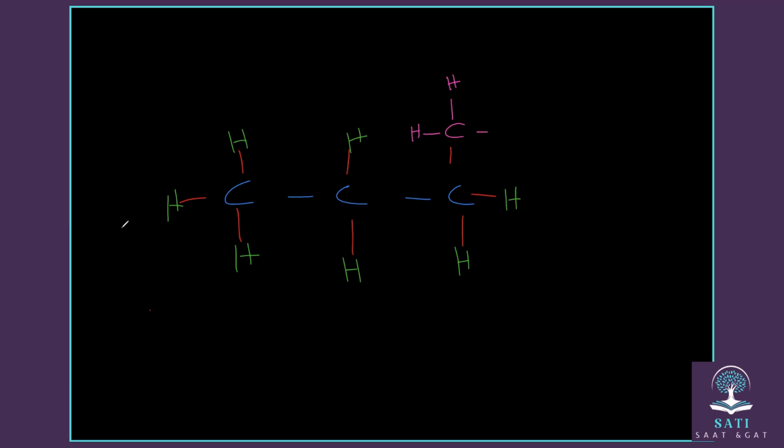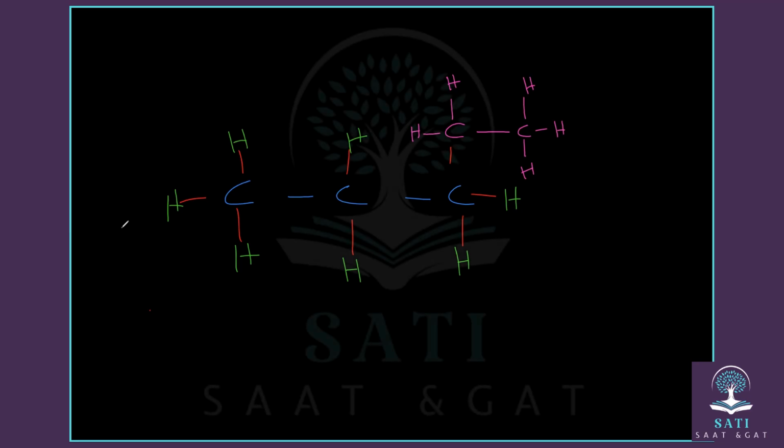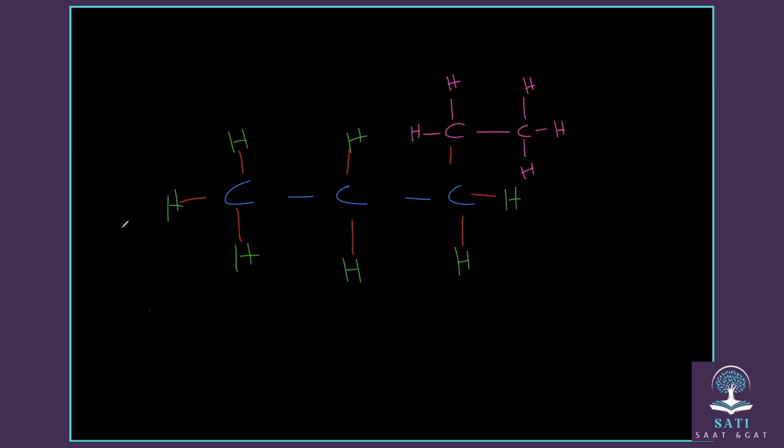Good. Then I'm going to draw here another carbon atom, and I'm going to draw here H, H, H. What did I do now? Look at this one now. Is this one still propane or has it changed?